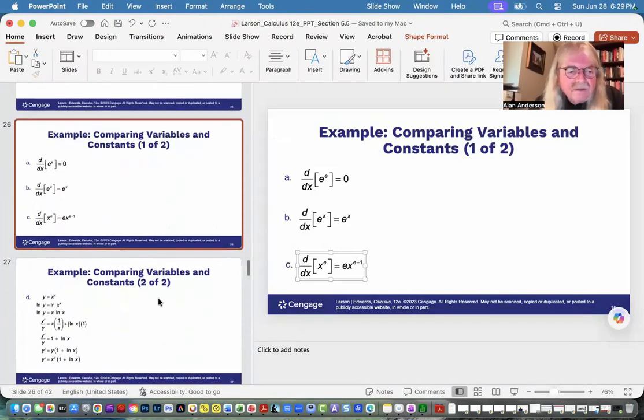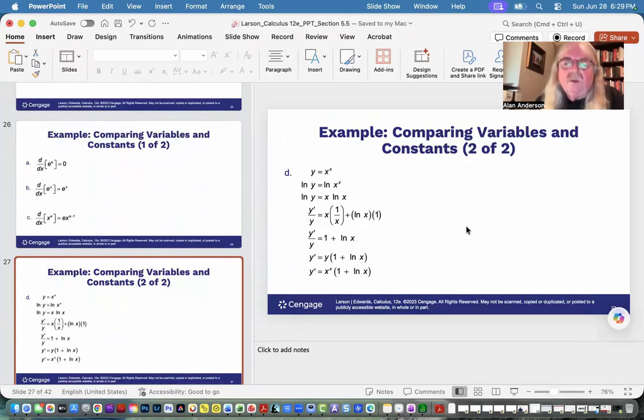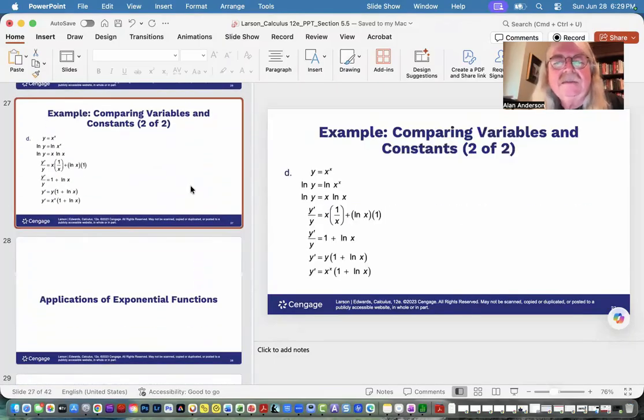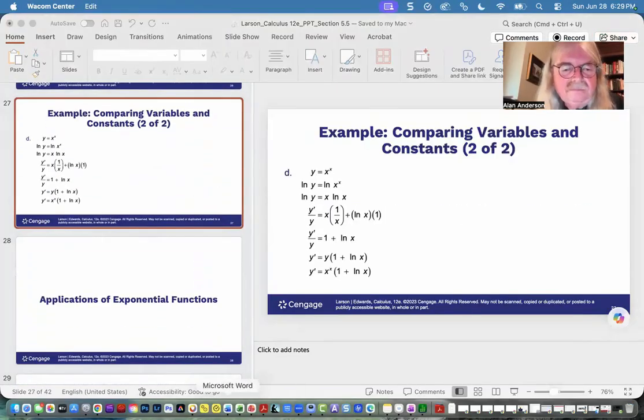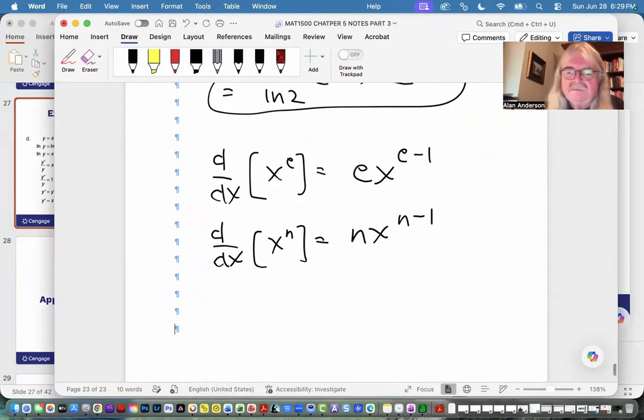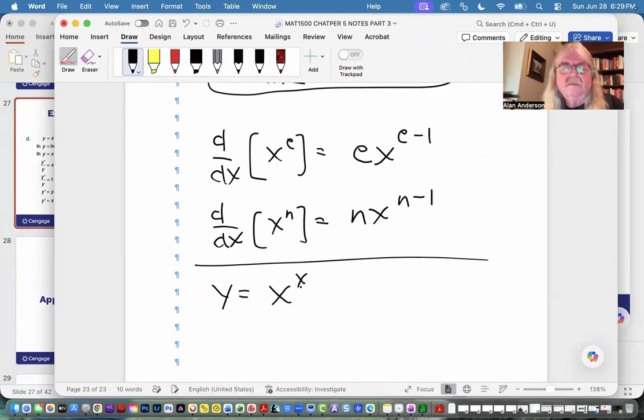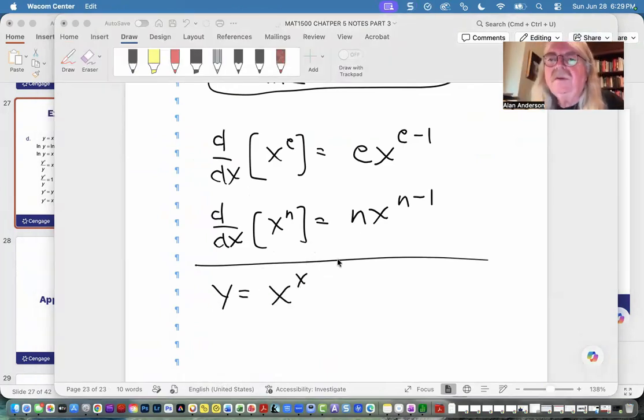All right, what else do they have for us? Ooh, x to the x. Wow. That sounds scary. Now, this one's going to, by the way, involve logarithmic differentiation. So, we've done this before, but not quite with this kind of application.